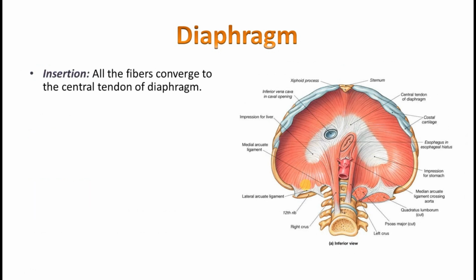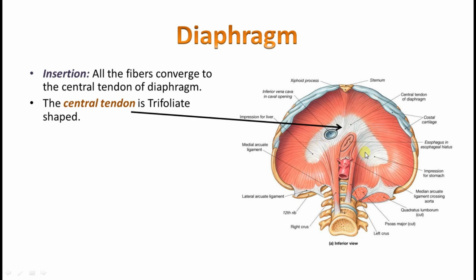Now, the insertion: all these fibers converge to the central tendon of the diaphragm. The central tendon is trifoliate, leaf-like, like the Mercedes-Benz symbol. So it has a central leaflet, then a right and a left leaflet.